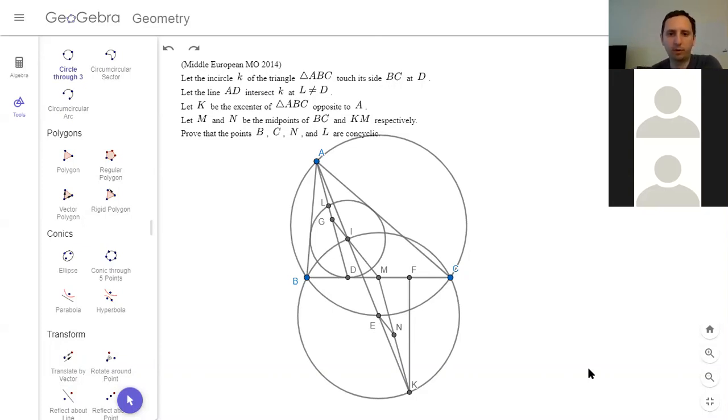So what are our options here to show it's cyclic? We could use power of a point. What if I reflect N over BC? That's one option. I wonder if that circle has the same size as the circle. No, that circle's smaller than the circumcircle BIC.